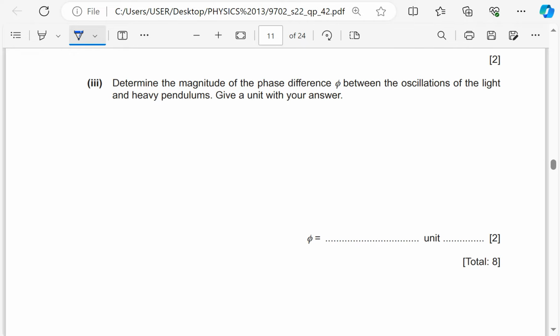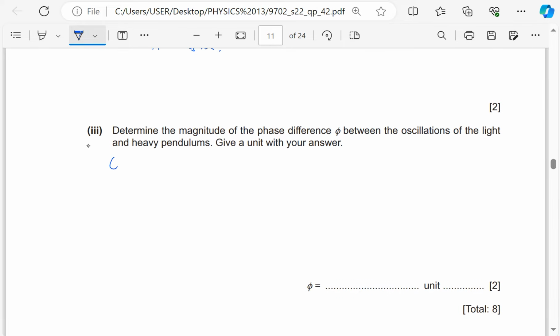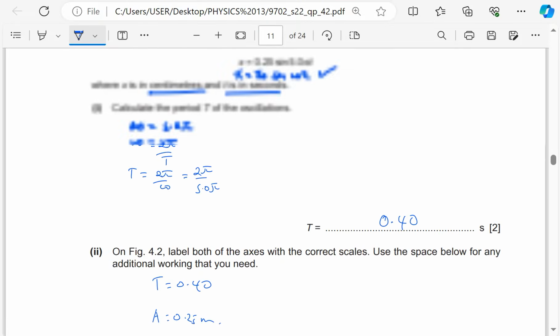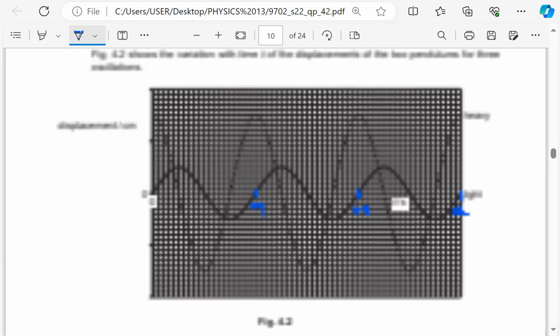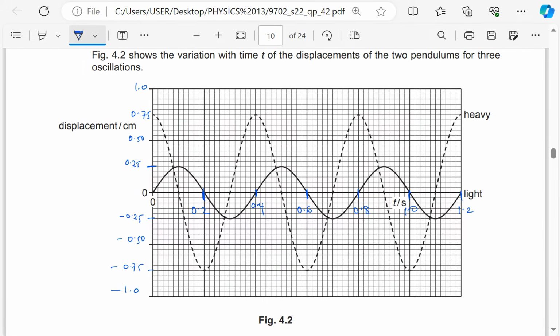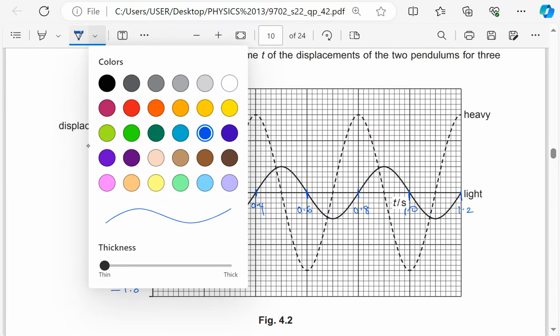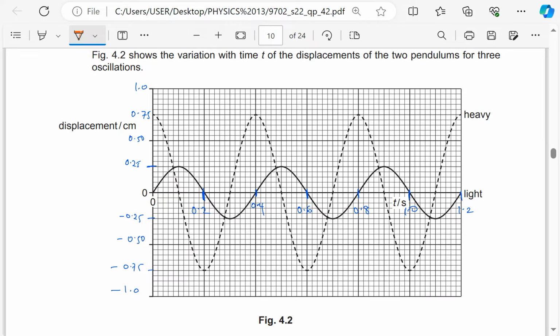Then determine the magnitude of the phase difference phi between the oscillations of the light and heavy pendulums. Give a unit with your answer. So we know that phase difference, if I want it in radians, is 2 pi times the time out of step divided by the period. What is the time between two corresponding points? I just look for two corresponding points.